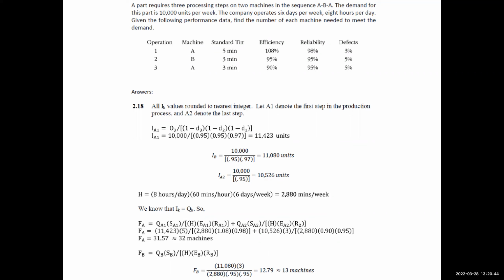In this case, we have two types of machines, A and B. When you're computing the total number of machines for A, you have to combine them because they're the same machines. Okay, so that's what we did here. And then you have to round up. So 31.57 as 32 machines, 12.79, those are 13 machines.